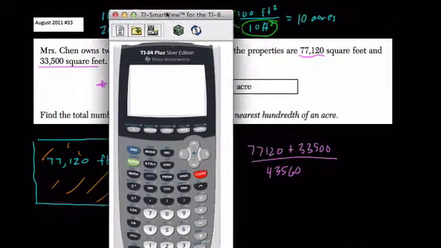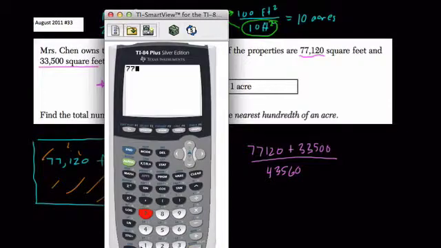So what I would do is just add up these two, right? 77,120 plus 33,500. Enter, and then press the divide button, by 43,560. And that's our answer, except they want it to the nearest hundredth.